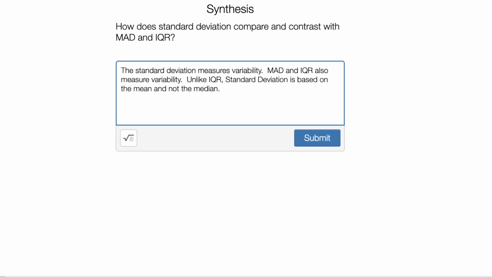So standard deviation is very similar to mean absolute deviation. You use the mean to calculate standard deviation and mean absolute deviation.